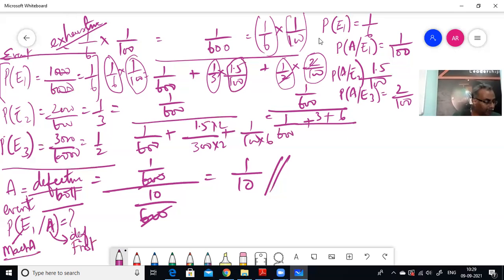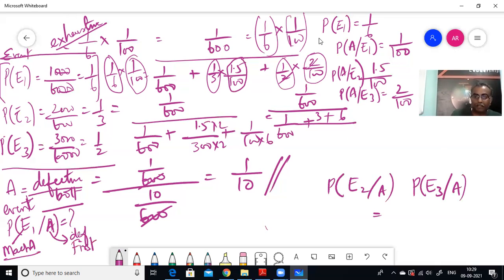If you had asked instead what is the probability it comes from machine 2, you should be finding P of E2 given A. Suppose he asks what is the probability that the defective bolt comes from machine 3? You should find P of E3 given A. Then what will change? Nothing. Very simple.